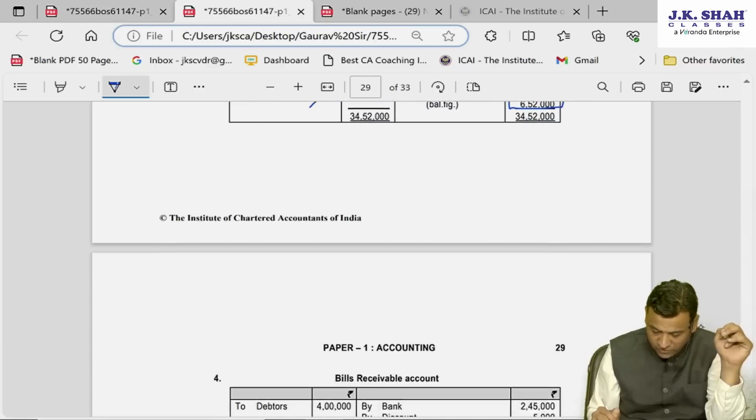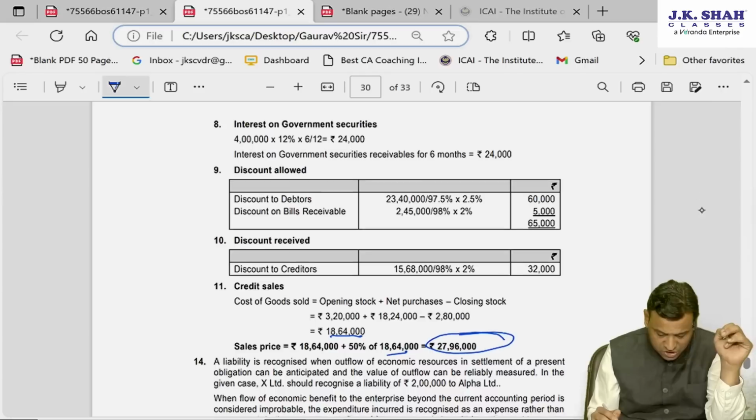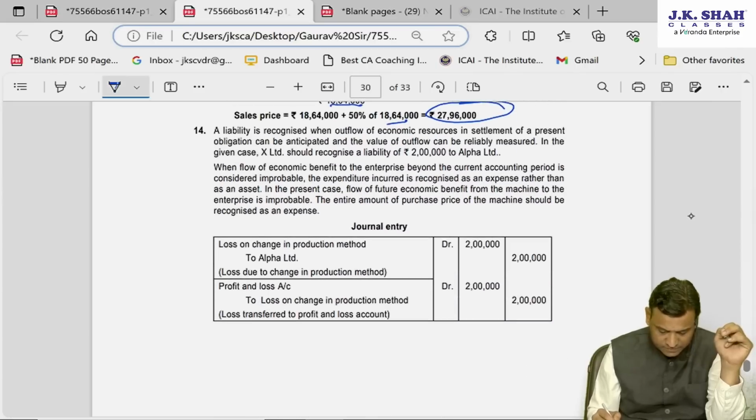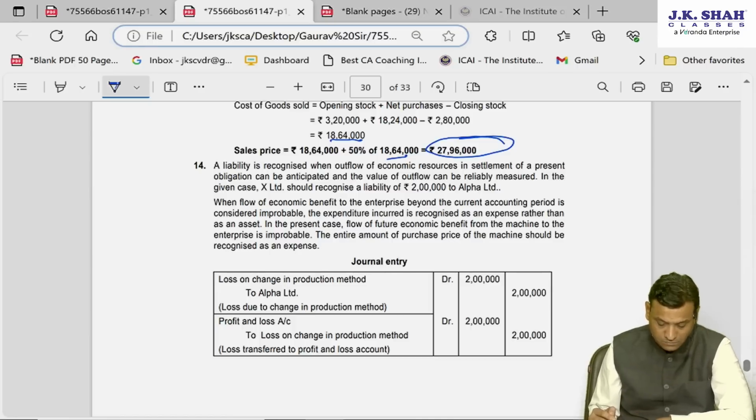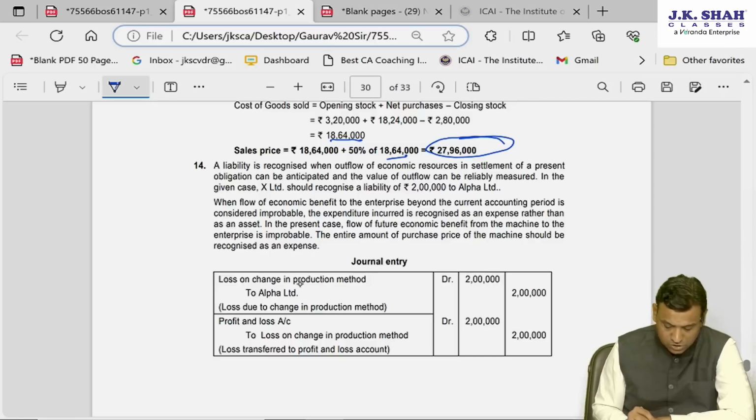It does not fulfill our asset recognition criteria. Loss on change 2 lakh, profit and loss. The asset is not getting recognized, but I still have to pay Alpha 2 lakhs, so that 2 lakh is our liability.